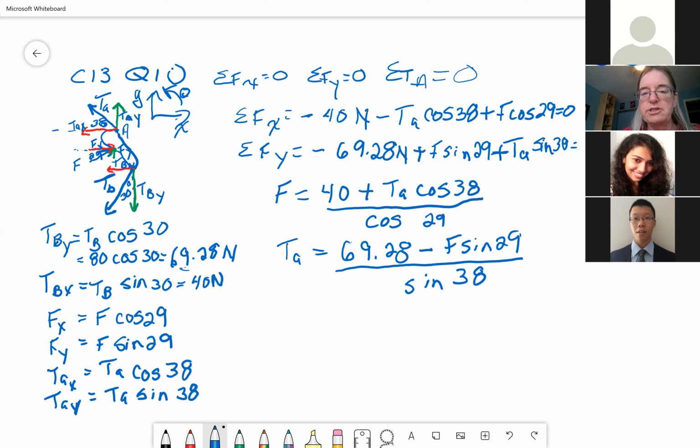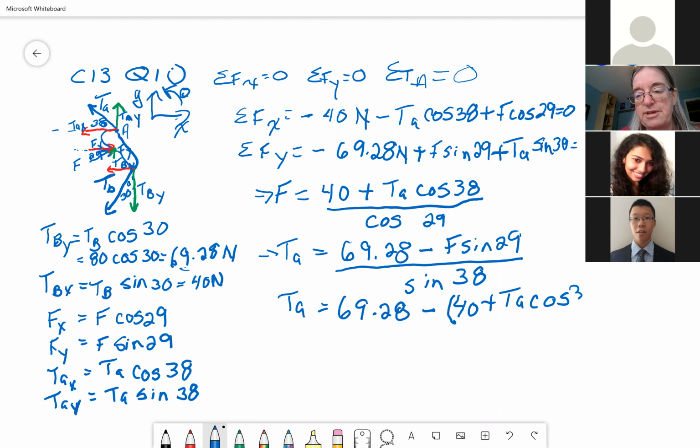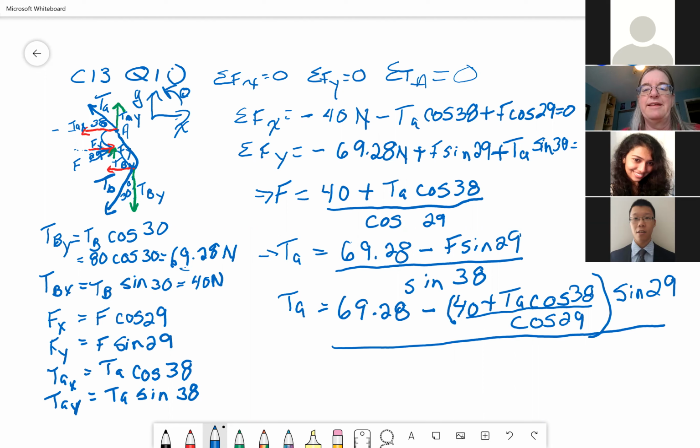I can now substitute this guy into this guy, and I would have TA equals 69.28 minus 40 plus TA cos 38, all divided by cos 29, all times sine 29, and all of that would be divided by sine 38.